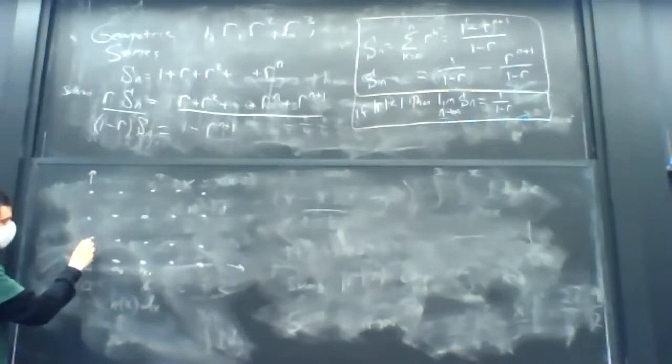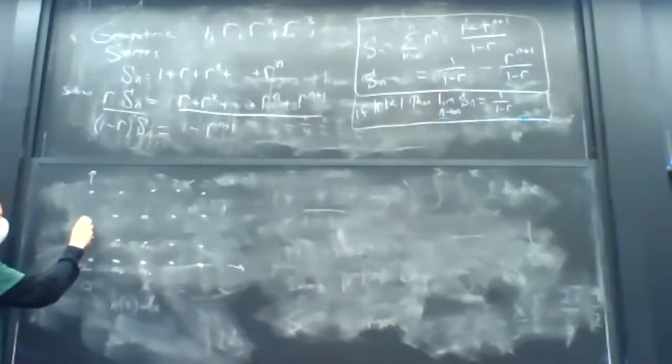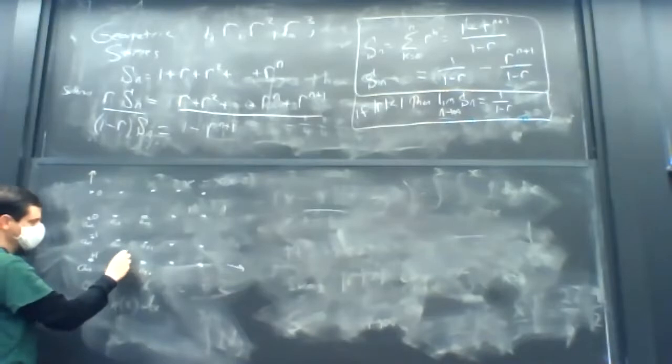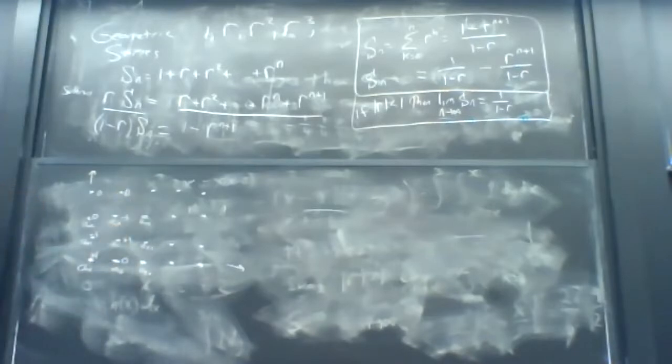This would be a_{0,1}, a_{1,1}, a_{2,1}. This would be a_{0,2}, a_{1,2}, a_{2,2}, and so on. And I'm going to define the values of these as follows. It's going to be plus 1 here, minus 1 here, and then 0 for the rest of eternity. It's going to be 0, plus 1, minus 1, and then 0 for all eternity.